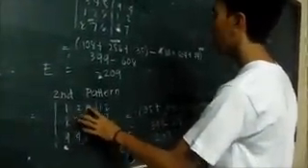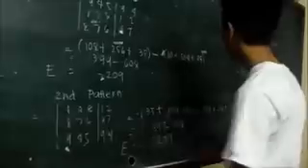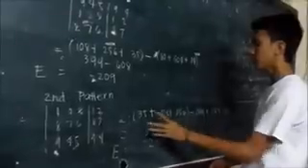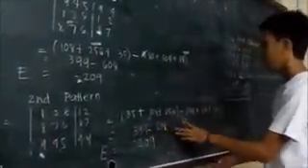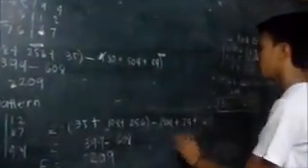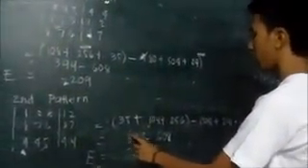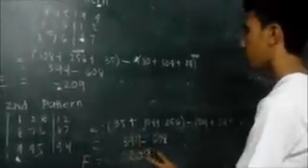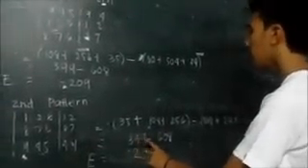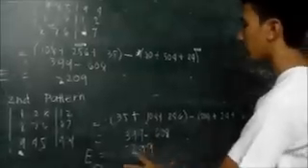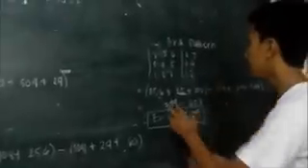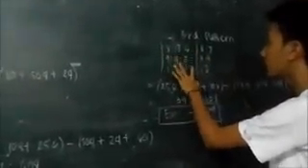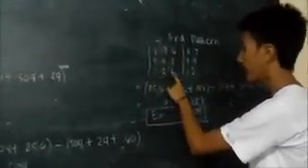Plus 8 times 7 times 9 is equal to 504. The sum of this equation is 399 and the sum of this equation is 608. After that, we will subtract it. 399 minus 608 is equal to negative 209. Our third pattern is 8, 7, 6, 9, 4, 5, 1, 2, 8.